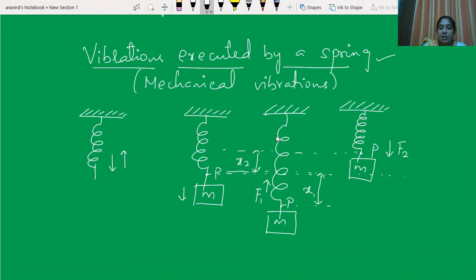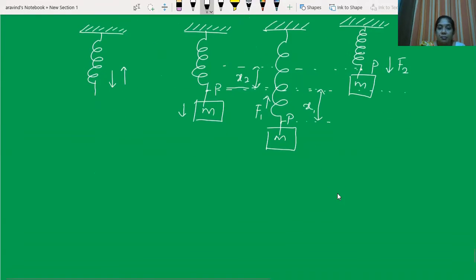So whether the spring expands or contracts, it experiences restoring forces F1 and F2 acting on it. Now, I can give this as a good example of simple harmonic motion, because the vibrations are on both the sides of the equilibrium position and there is a restoring force acting on it.